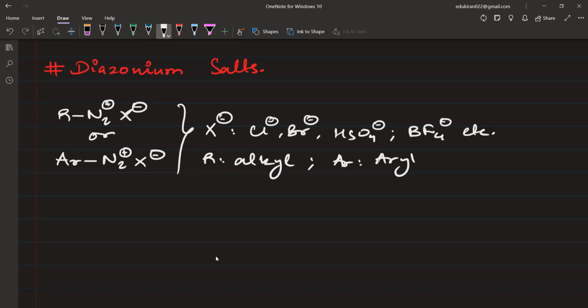Now, we have seen that alkyl diazonium chloride is very reactive and unstable. It even reacts with moisture to give alcohol.